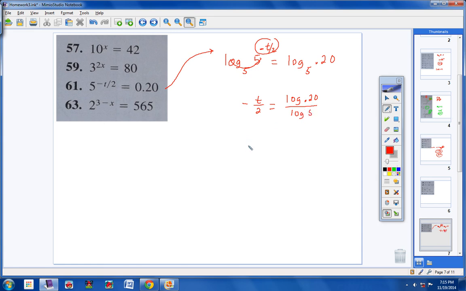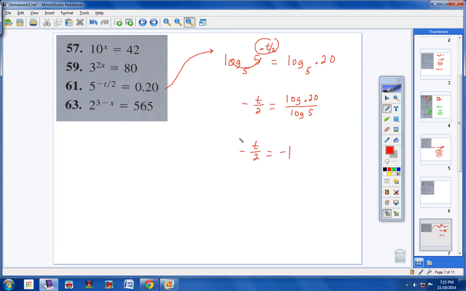So now I would have negative t over 2 equals, grab my calculator real quick, log of 0.20, enter, divided by log of 5, enter, and you get negative 1. Now multiply both sides by negative 2, because of your 2 here and your negative sign here.